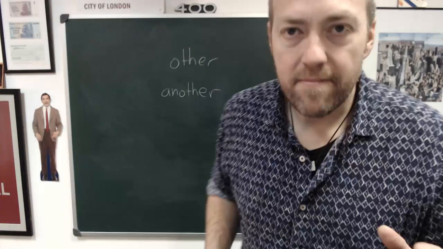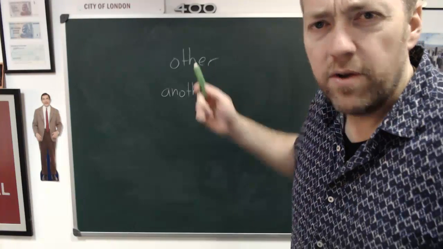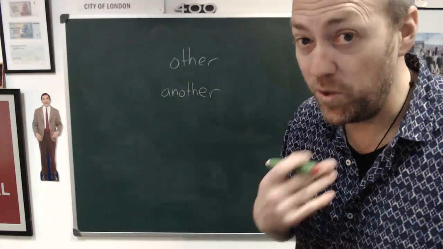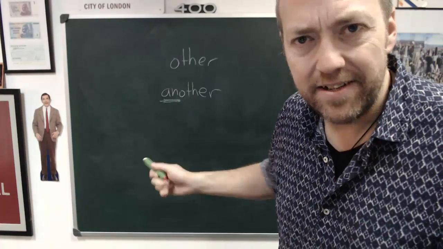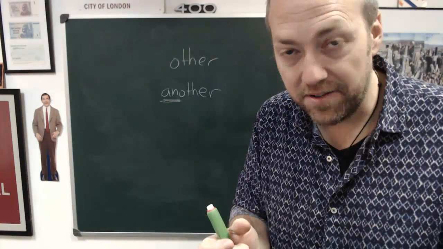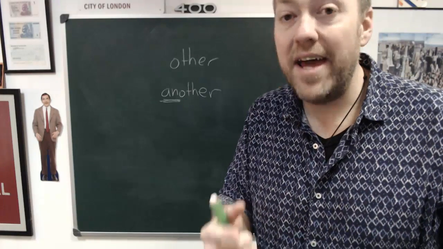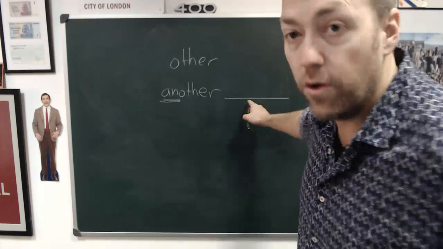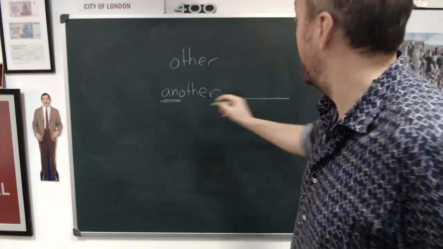Okay, so a fantastic question. What is the difference? Well, if we look, we can see that here we have an. So this is the singular article. That means that if the object is singular, if the word is singular, then we must use another, like another car.